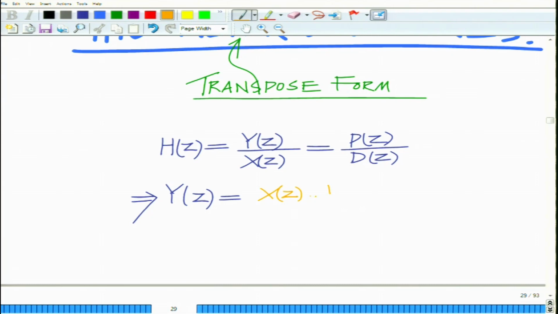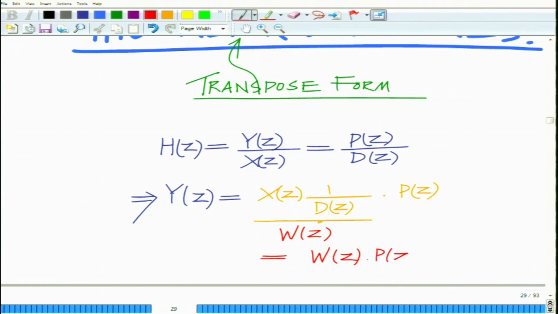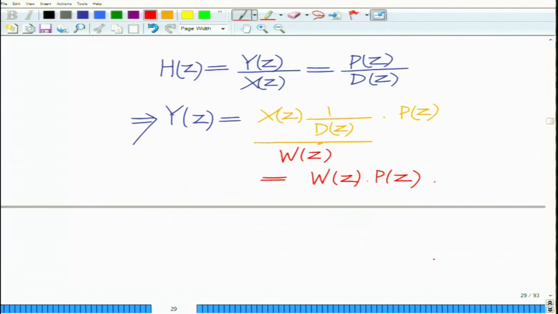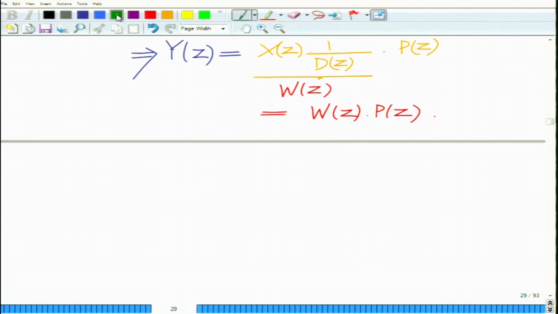Now, let us write it as a cascade of 1 over D(z) followed by P(z). We will term X(z) over D(z) as W(z), and therefore, I can also write this as W(z) times P(z).